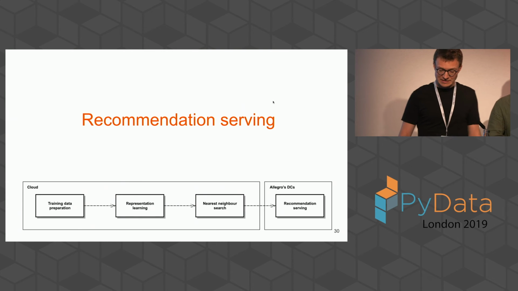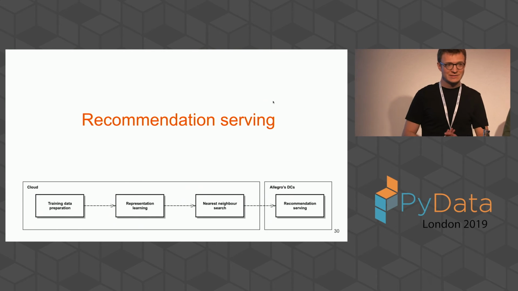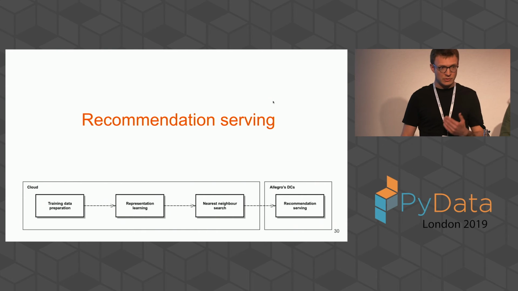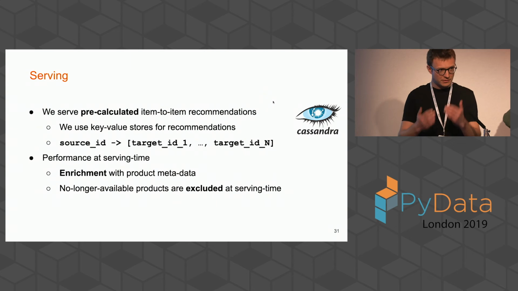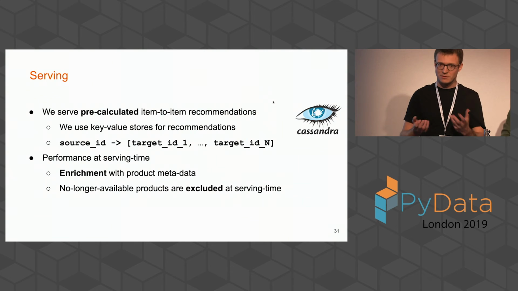Okay, and serving. As I said, at serving time, we just retrieve pre-computed recommendations from a read-oriented key-value store. In our case, it's Cassandra, so we store a lot of those source-to-target relations. But of course, before returning recommendations to the user, we need to enrich those sets of IDs with some metadata, descriptions, images, just to form a ready-to-be-presented set of recommendations.